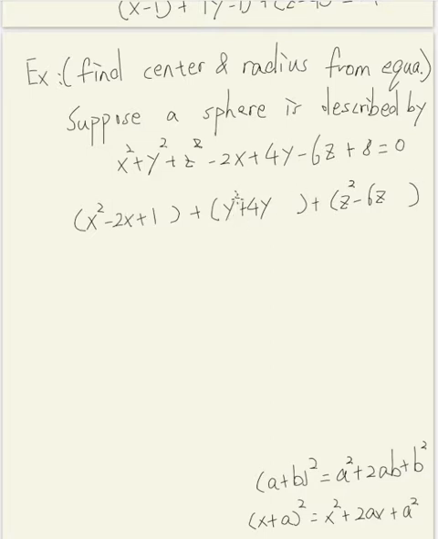Okay, same story. If you want to form a complete square with y squared plus 4y, it has to be (y plus 2) squared, so you need plus 4 here. Similarly here, it has to be (z minus 3) squared, therefore you need plus 9. Okay, so now we've added all these extra constants into the equation. We need to subtract them, right? So let's subtract 1, minus 4, minus 9.